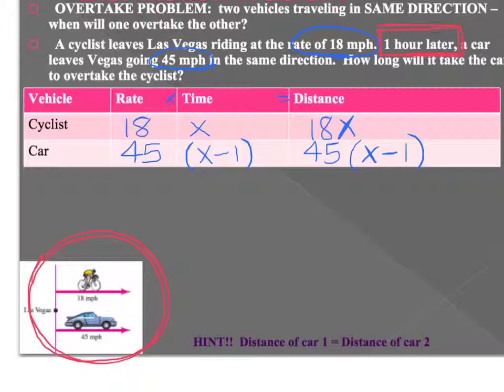1.6 repeating. Now remember, we talked about in class today, you cannot leave this as 1.6 repeating because the question is asking how long will it take for the car to overtake the cyclist. We then need to take this 1.6 and change it from a decimal into actual time. So 1.6 as a decimal is 1 2/3.